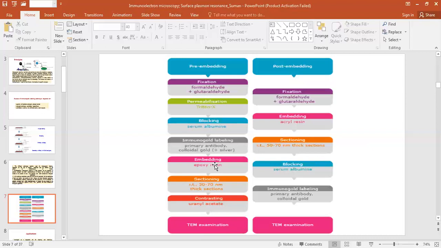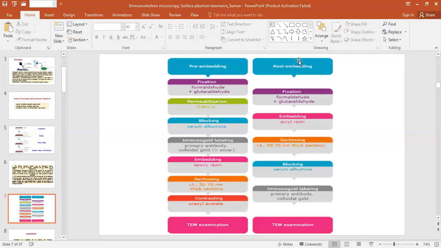Here, negative staining can be performed using uranyl acetate solution as well as lead acetate solution in a dehydrated chamber. Then we can dehydrate it and observe it under the transmission electron microscope.